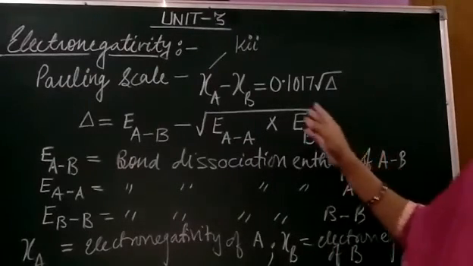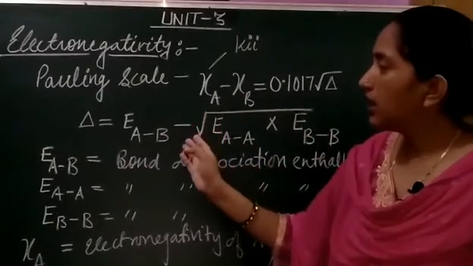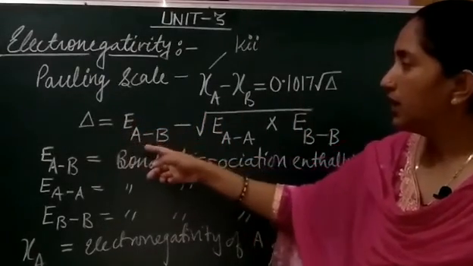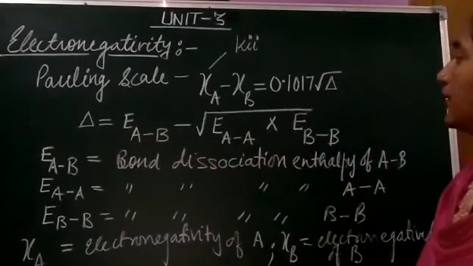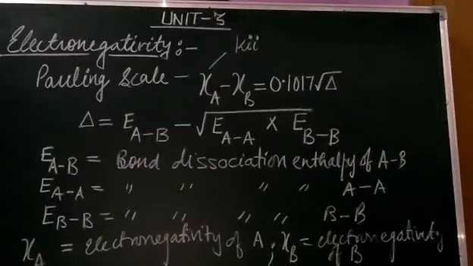That means there is a difference between the bond dissociation enthalpy of a heteroatomic molecule and the under root of the product of the bond dissociation enthalpies of the homoatomic molecules, right?